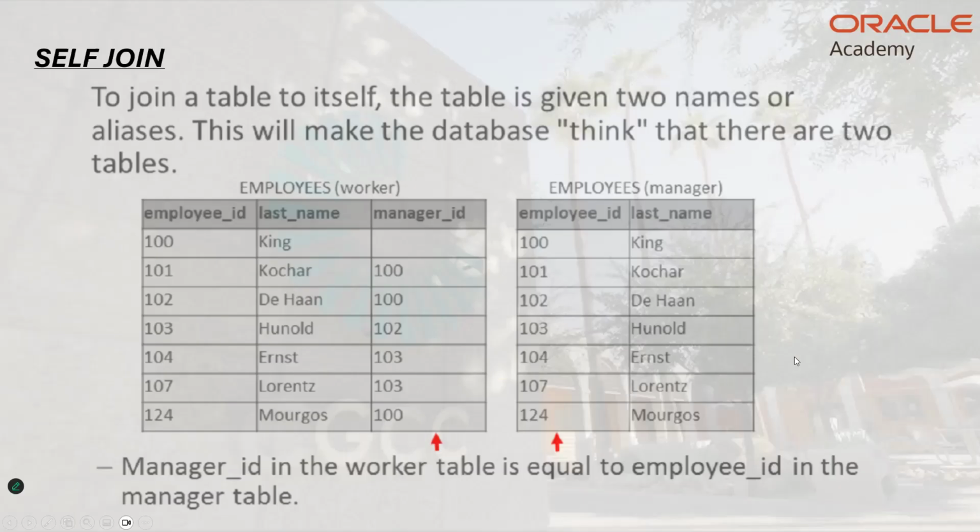And when we run this, as you see, King has no manager, but Kochhar has King as a manager, De Haan has King as a manager, and we could use this to indicate their last name.